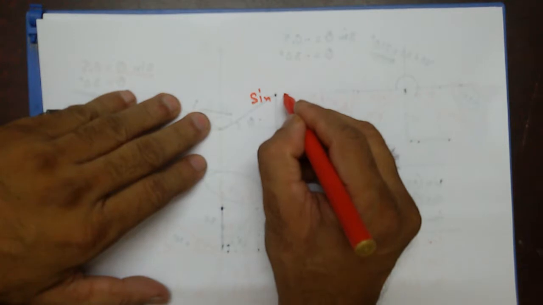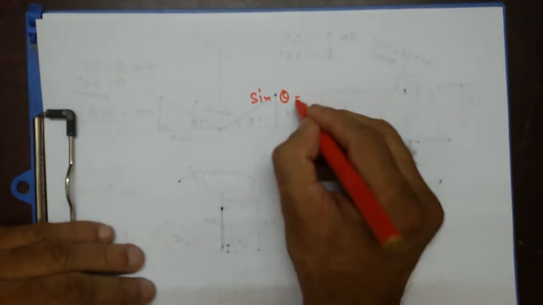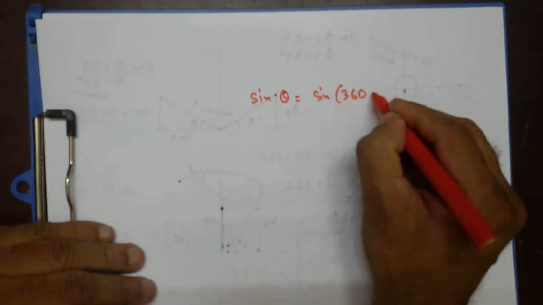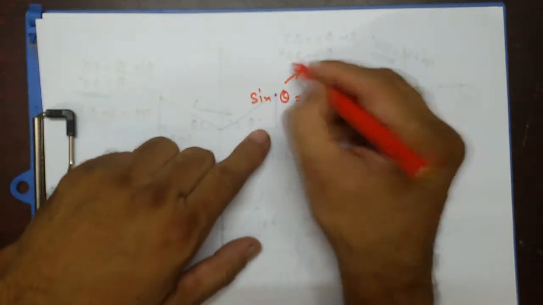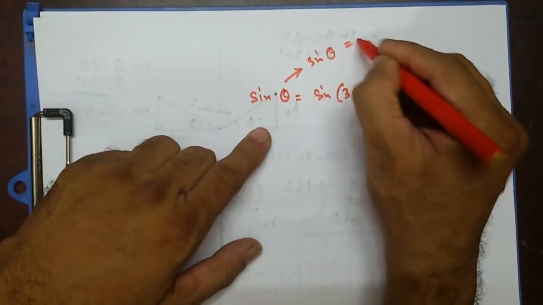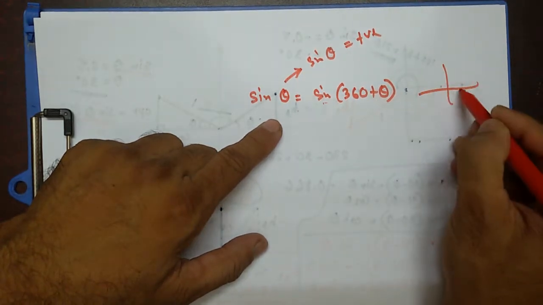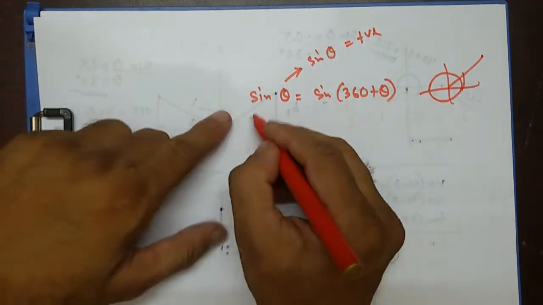Sine theta equals sine 360 plus theta, if theta is positive, if sine theta is positive, then this is also going to be positive. You can see that it goes all the way around one revolution, and theta acute falls in the first quadrant again, so that's going to be positive.